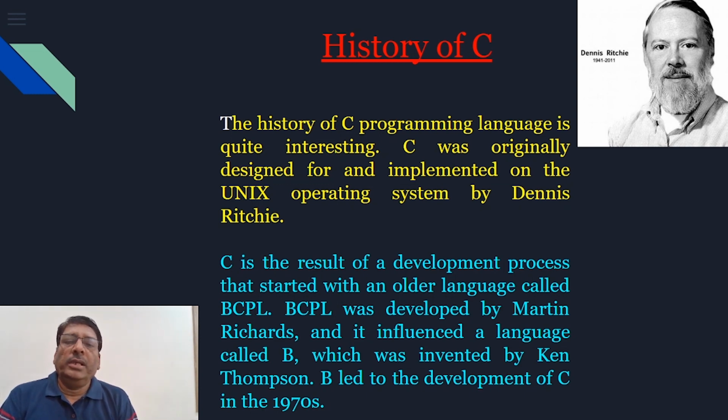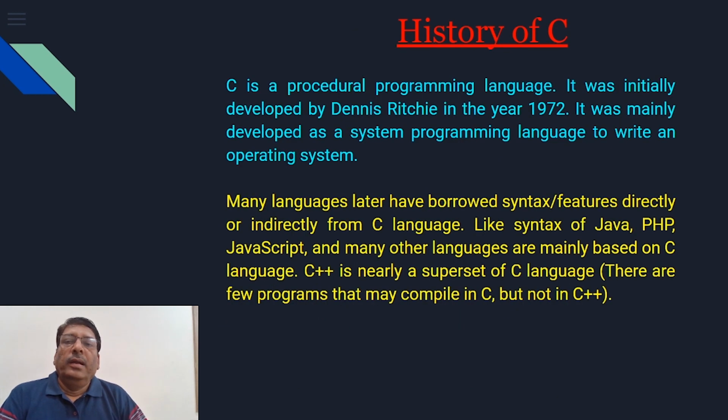This language basically started development with the help of a language called BCPL, which was developed by Martin Richards, and this language influenced the language called B, designed by Ken Thompson.